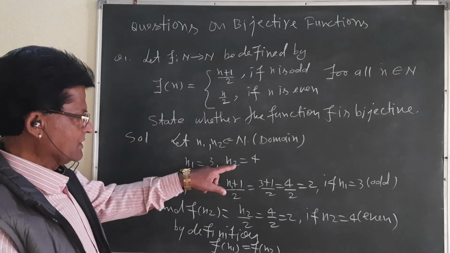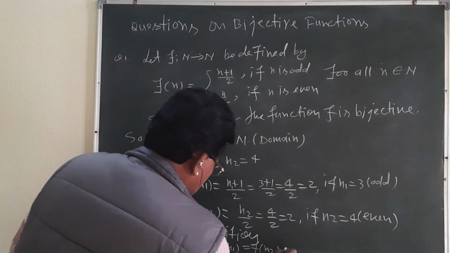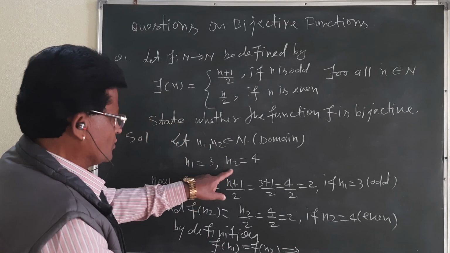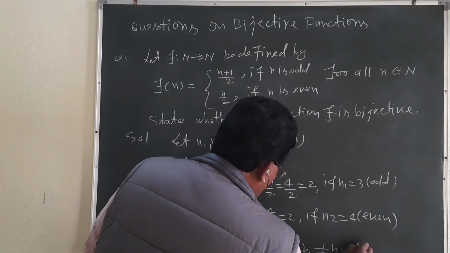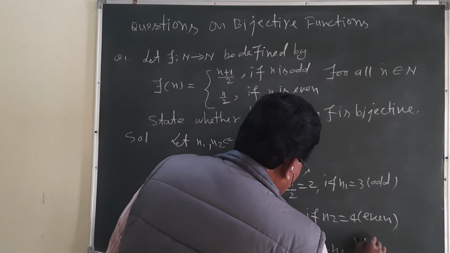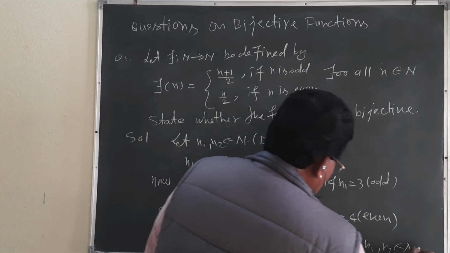Already we proved, f(n1) and f(n2) are both equal to 2. But this does not imply that n1 equals n2, that is, n1 does not equal n2, for n1 and n2 belonging to N, the domain.